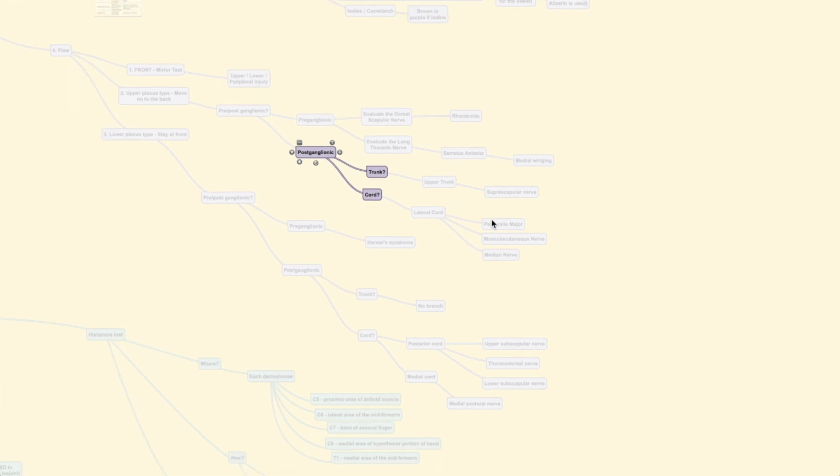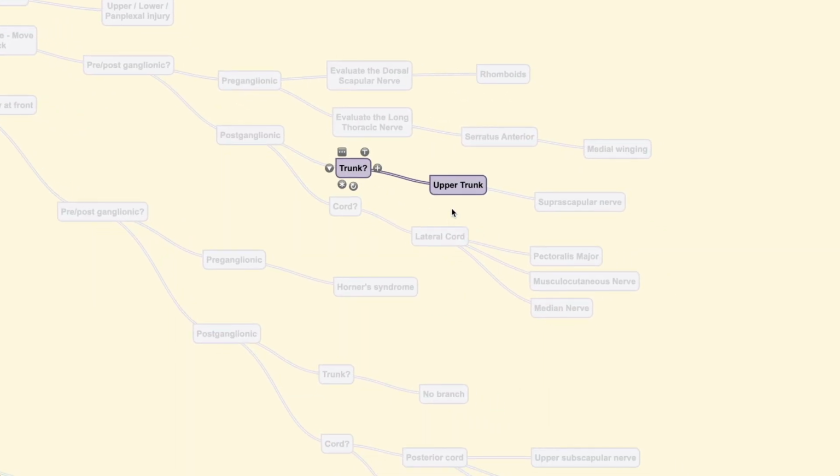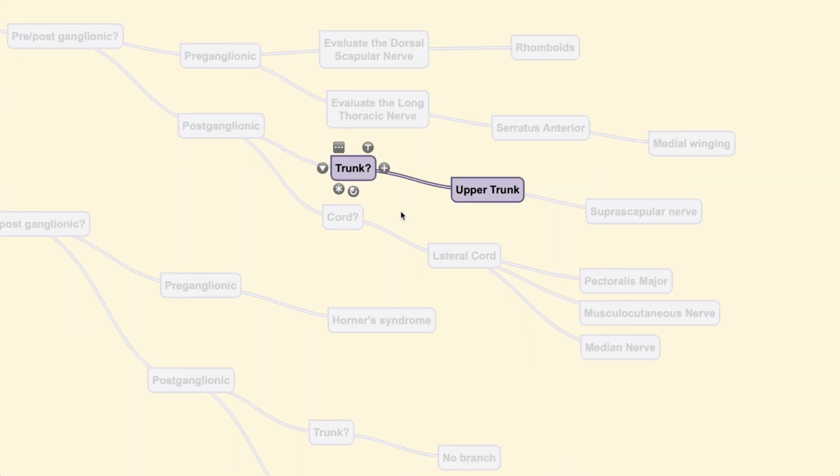Okay. So if the involved area is the upper postganglionic region, then generally you need to check the function of this nerve, which is the suprascapular nerve. By doing so, you need to check the supraspinatus function and also the infraspinatus function.